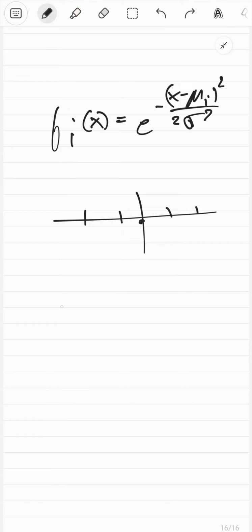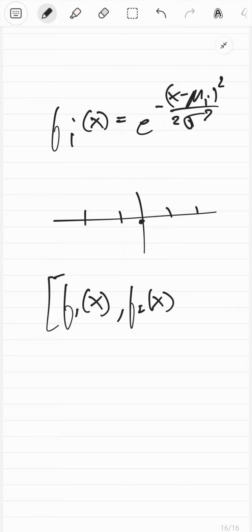So given a small x vector, what you would do is f1 of x, f2 of x, and so on. In this particular case, you could even go to negative infinity or whatever. I is an index, so it starts off with 1. So f2 x and f3 x and so on, and that's capital X. That's a Gaussian basis.